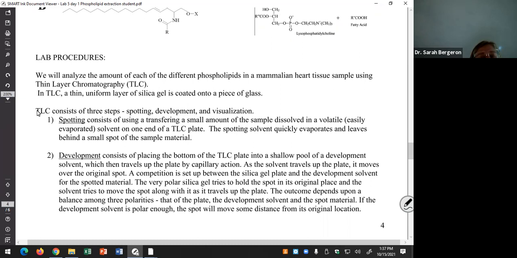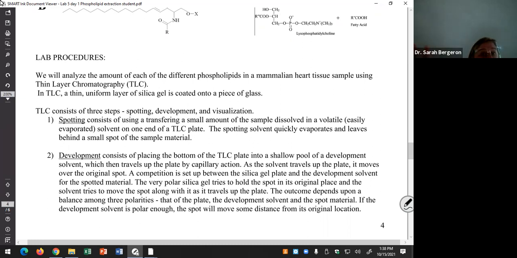So anytime you do thin layer chromatography, it's really a three-step process. The first step is to actually take your sample. So you're going to have to get the hearts. You're going to have to basically homogenize them, right? In some way, shape, or form. Remember, we talked about that when we were doing protein purification. First, you have to break open the cells, and then you have to actually separate.